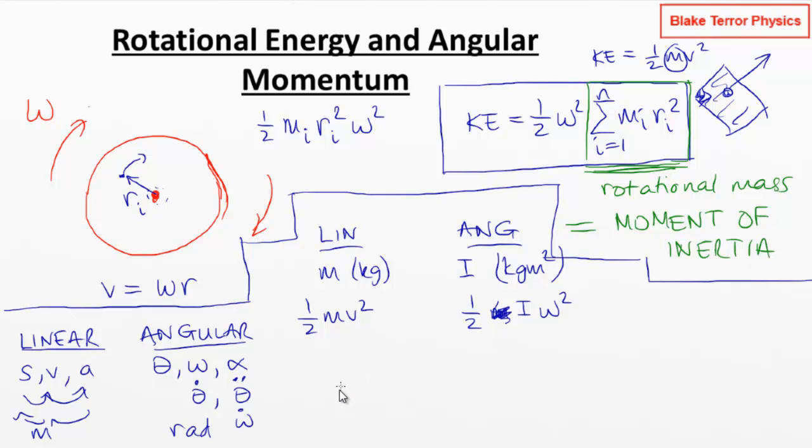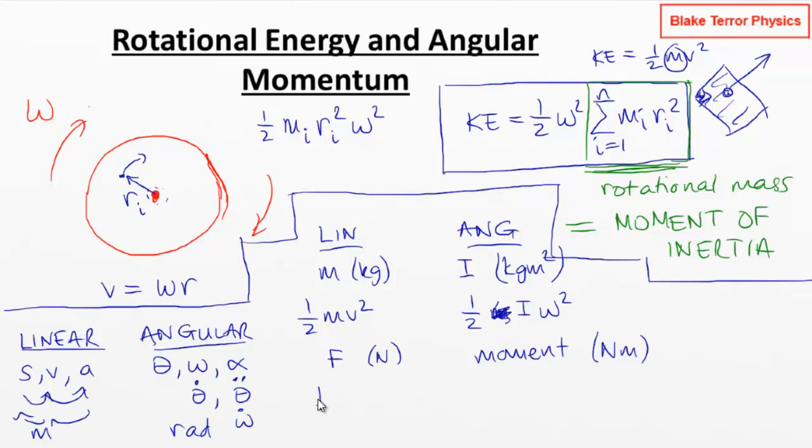Our linear force, F in newtons, and now we've got a moment in angular motion, which is in Newton meters. So we've moved from just linear forces to moments. We've got momentum.